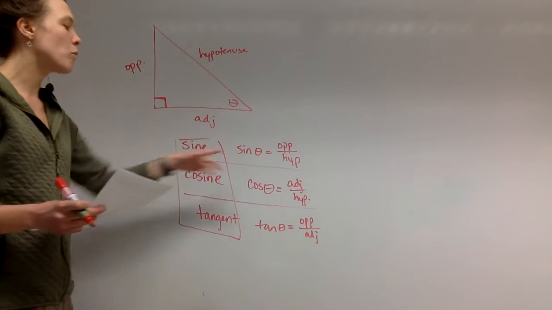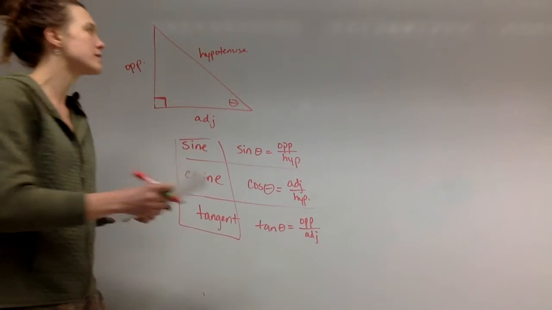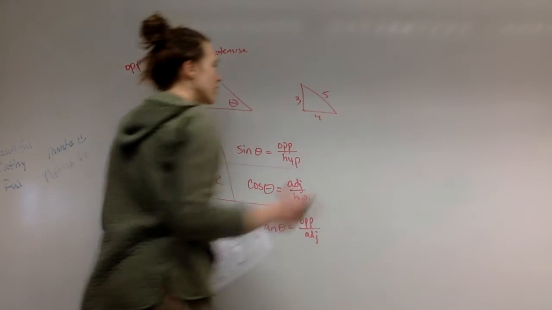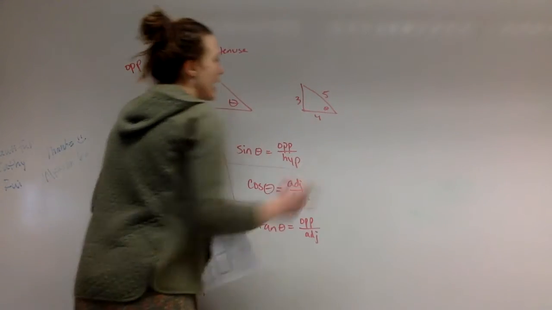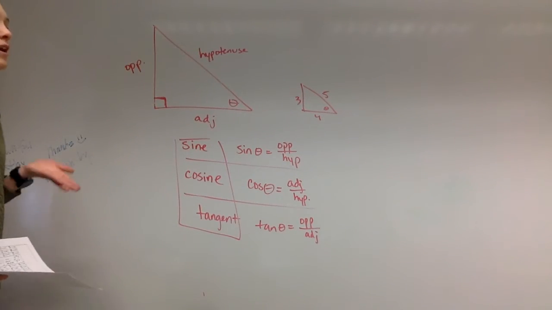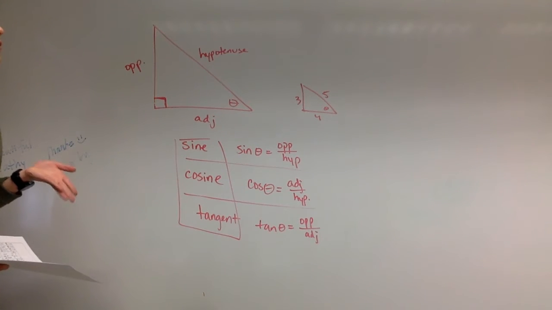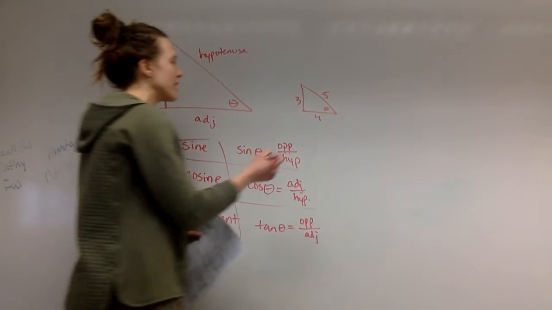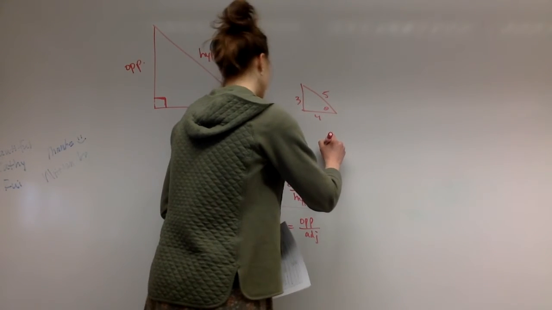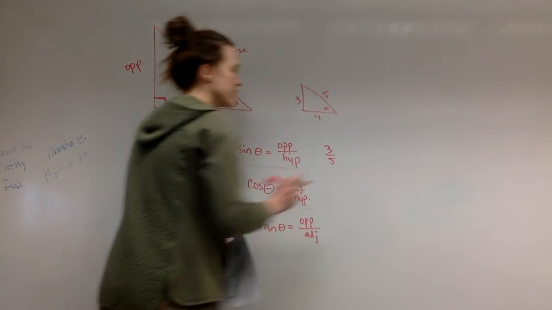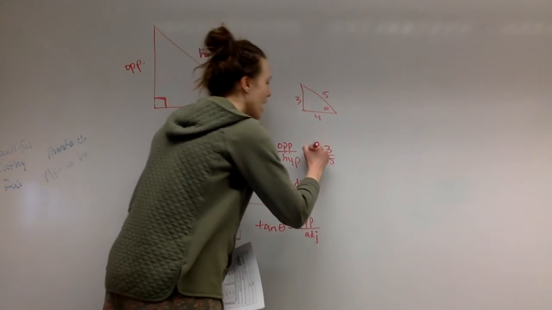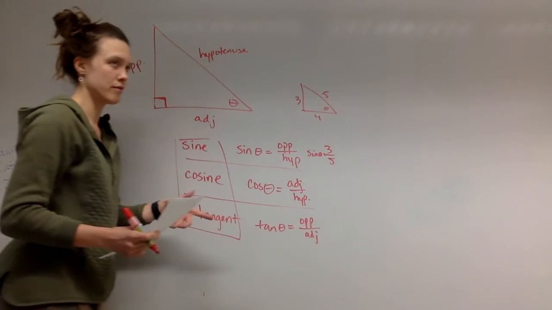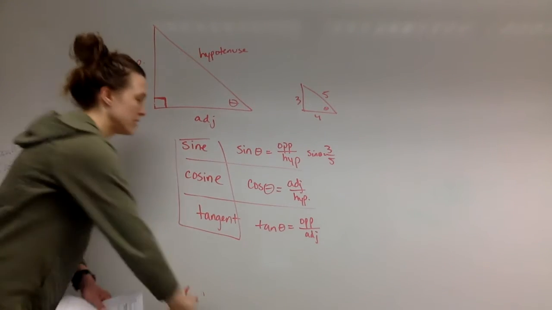If I gave you a 3, 4, 5 triangle with theta here and asked what theta is equal to, based on your knowledge you might be able to solve this, but theta would not be equal to 3 over 5. Sine of theta would be equal to opposite over hypotenuse. Does that make sense?